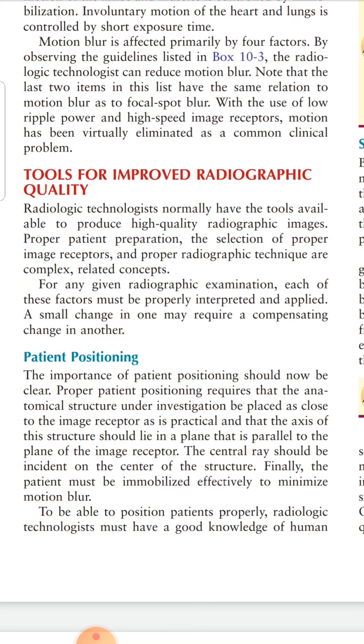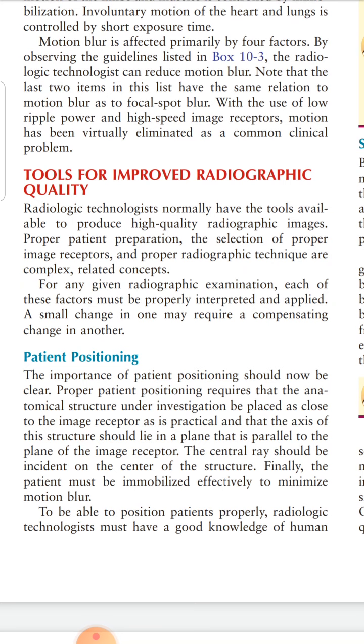You should keep your patient as close as possible to the image receptor. The next thing is that the patient should lie parallel to the image receptor. And the final factor that you can control is immobilization. Your patient should be immobilized effectively to minimize motion blur.